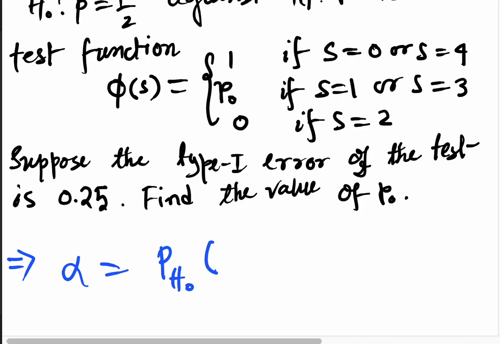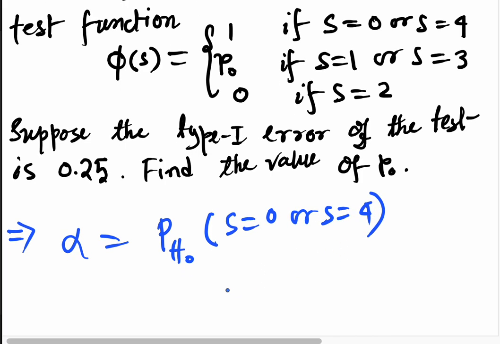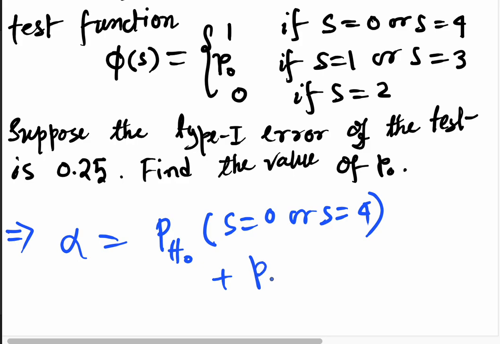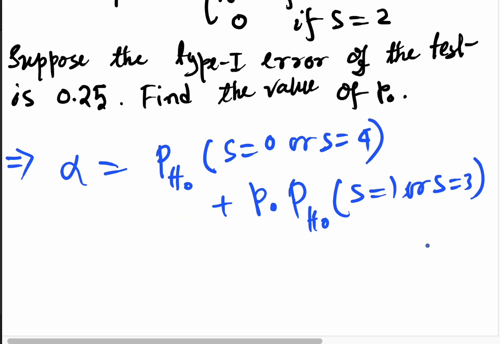We reject with probability 1 when the outcome is equal to 0 or equal to 4, and we reject with probability p0 when the outcome is equal to 1 or equal to 3.